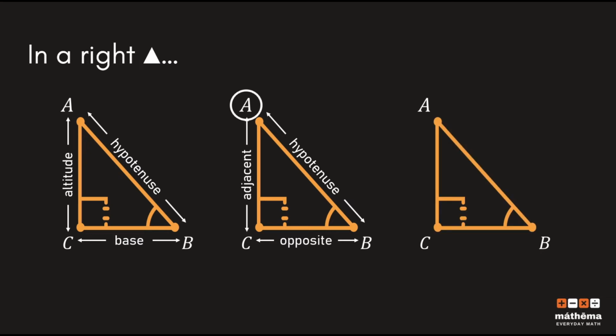Now using again the same illustration, with respect to angle B, this side will be the opposite side of B. This side will be the adjacent side of angle B, and of course our hypotenuse. So I want us to remember the location of our opposite and adjacent side.